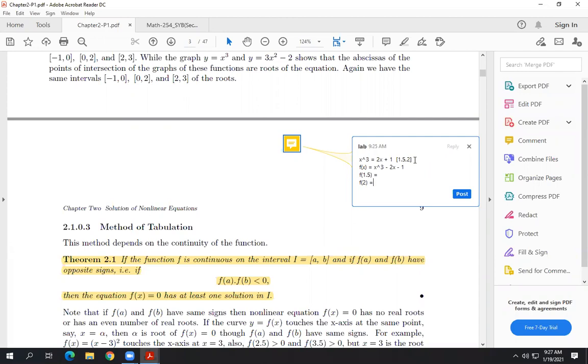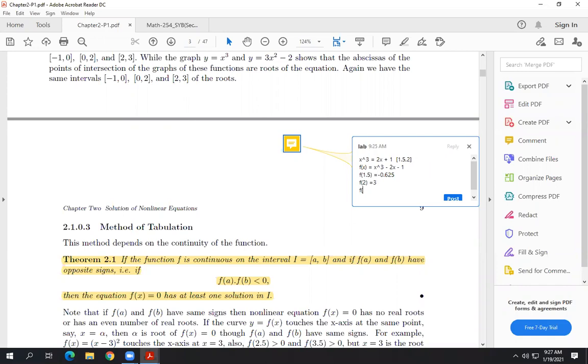You can easily find f of 2 without a calculator. What is f of 2? It is 3, positive 3. And when you find f of 1.5, you will get negative 0.625. So what does this mean?